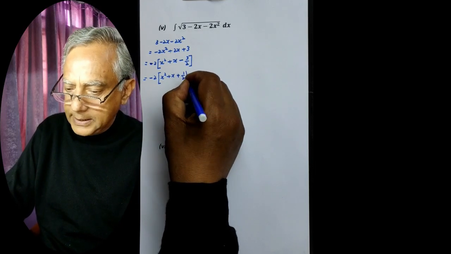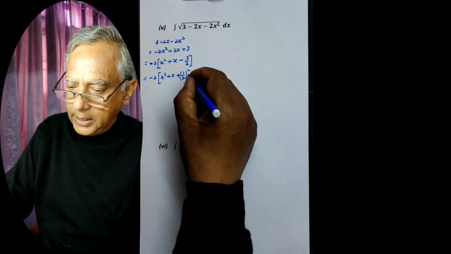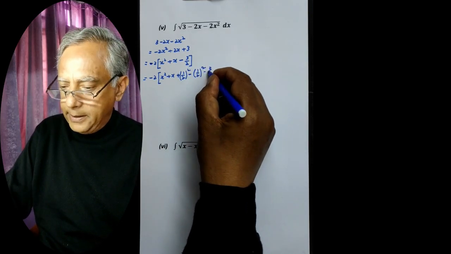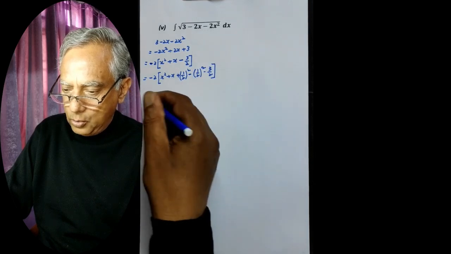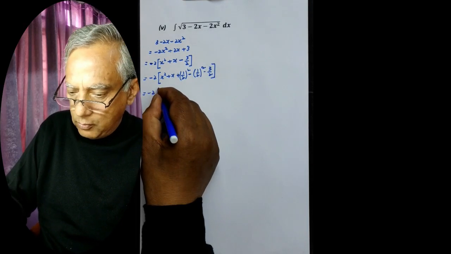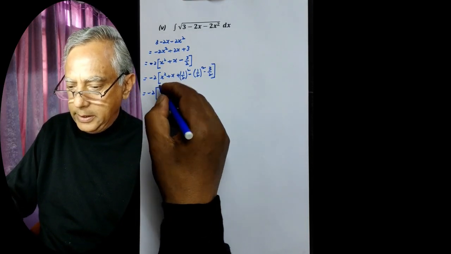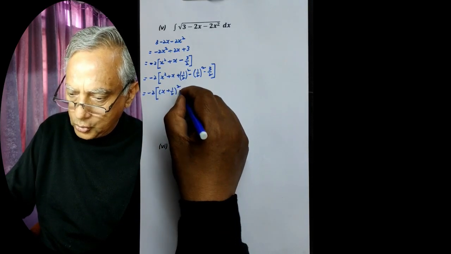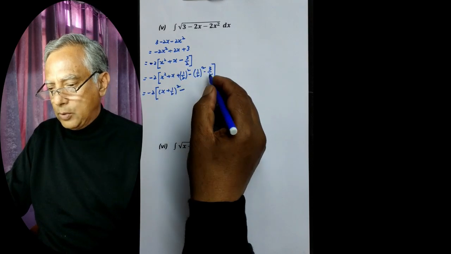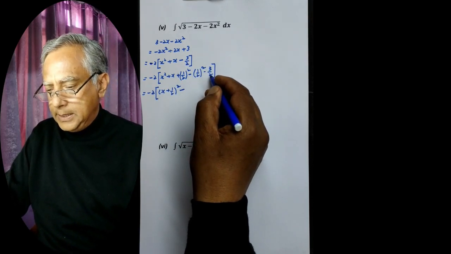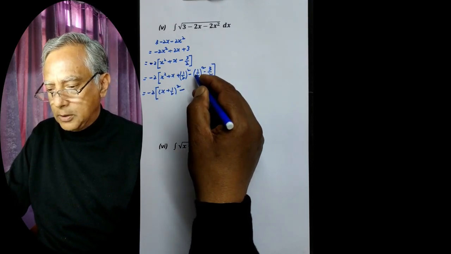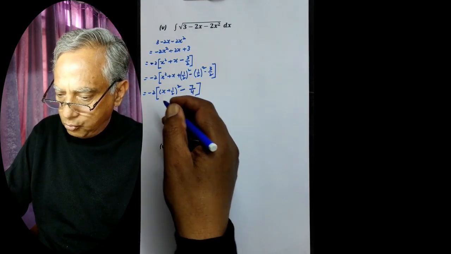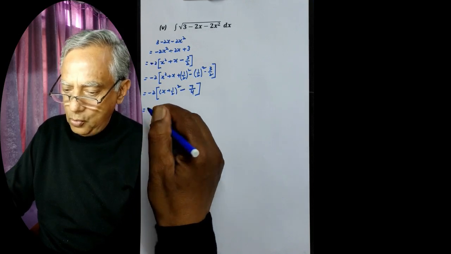Half the quotient of x is half, whole square will be added and half whole square will be subtracted. Minus 3 by 2. So this is equal to minus 2 into integral of this x plus 1 by 2 whole square minus. This is 1 by 4 and this is 6 by 4. So this will be 7 by 4.